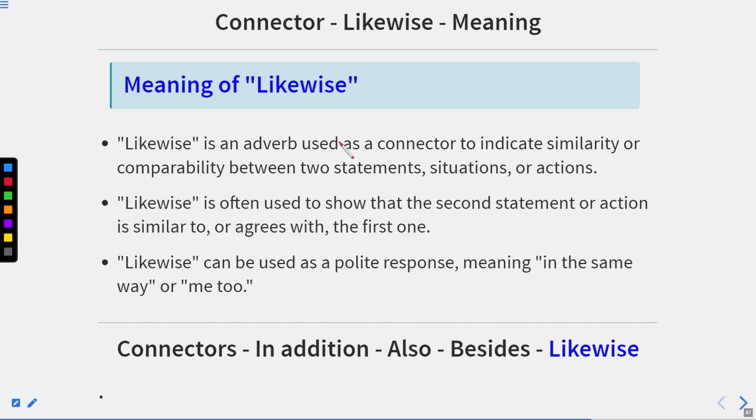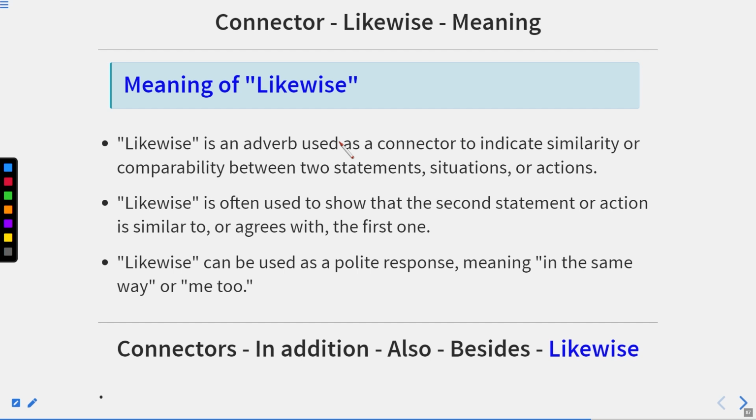So he can simply use the word likewise. It means his statement is the same as yours, to show that the same information is on his side also. We can only use the word likewise, not the entire information again.